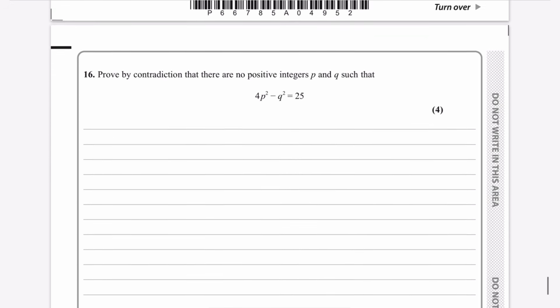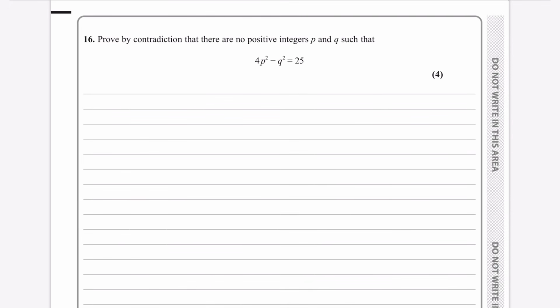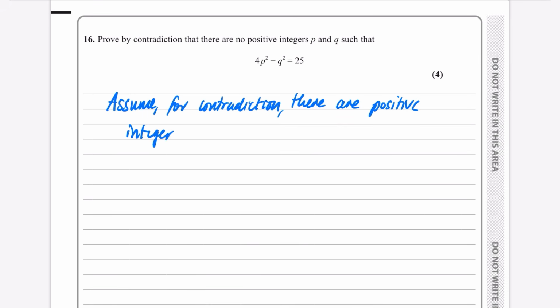Very, very hard. I actually think the last question is not that hard compared to the other one. So it's proof by contradiction. And when I look at this, I'm going to immediately get myself a mark by saying, assume for contradiction, there are positive integers, p and q, such that 4p squared minus q squared equals 25.